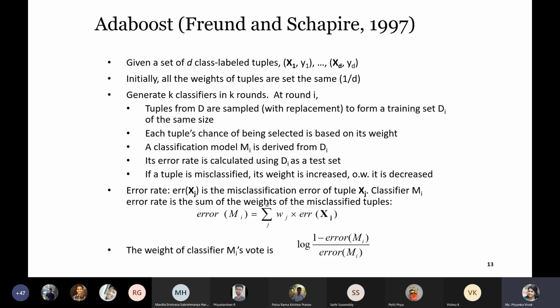Error of Mi is the sum of the weights, that is sigma of wj into error of xj. Here w is initially the equal weight, 1 by d, and there is a multiplication factor which is our error. This will happen for all the samples.